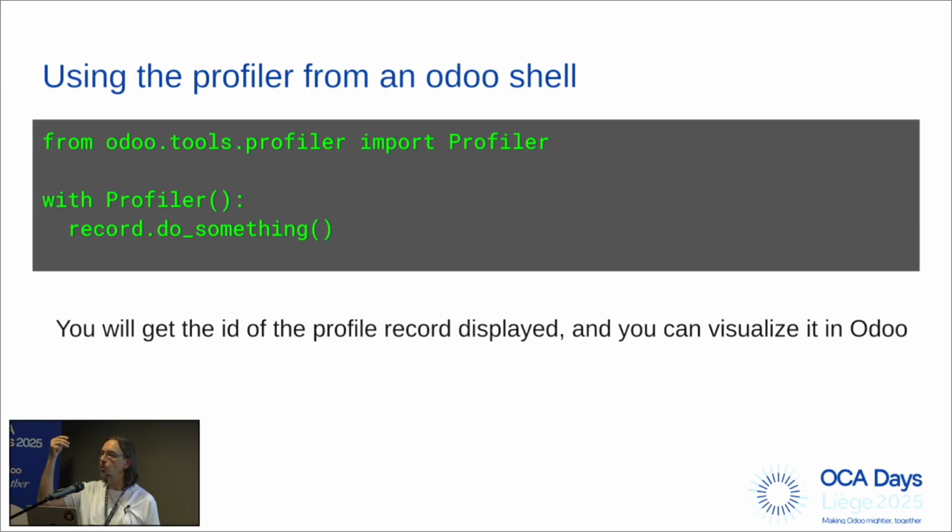But you don't have to do the second enablement, which has an impact on the speed of the instance. The profile is committed to the database, but not the consequence of the method. It's a separate cursor.